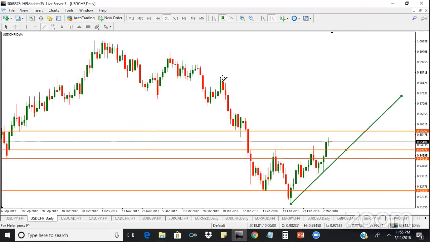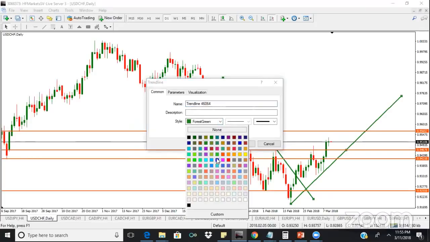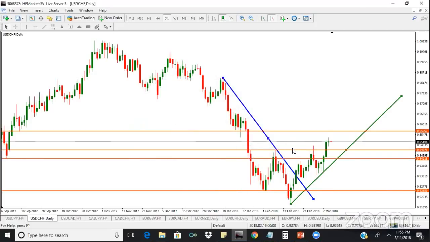Look at, if you draw from here to this place, this one has been broken. So guys, when a sell trend is broken, a buy trend has started. Now, because this one has been broken, that means I'll be looking for a buy opportunity.